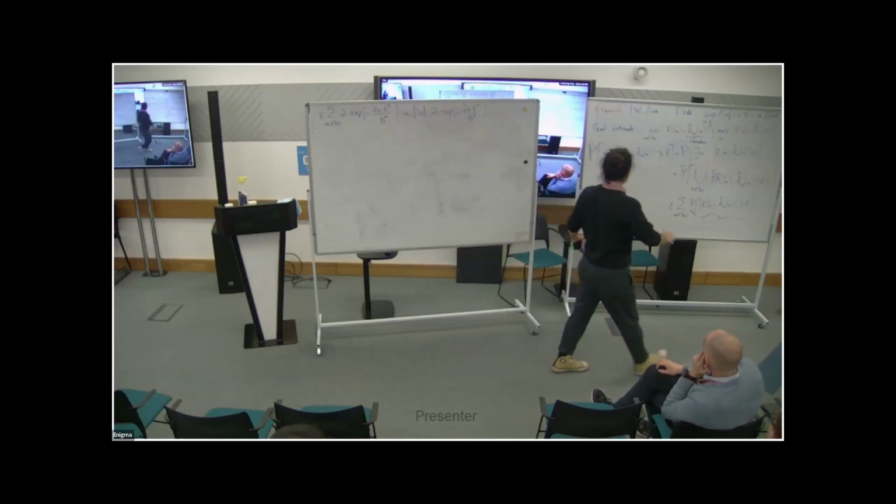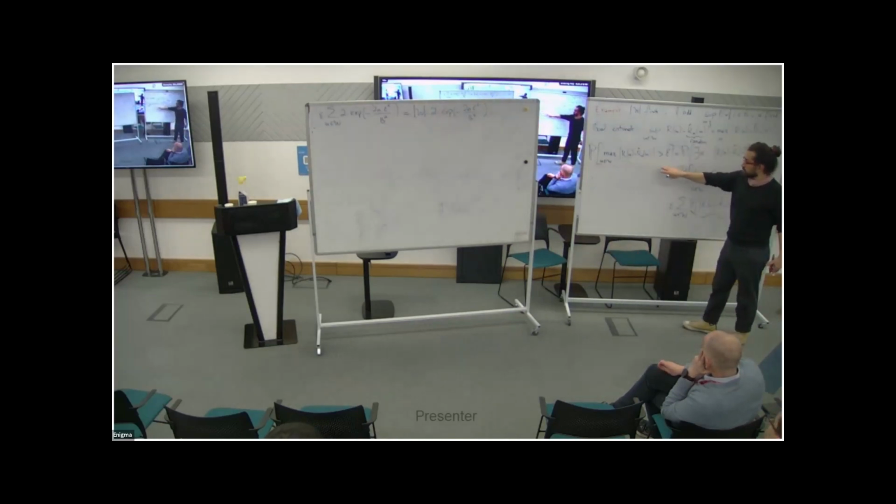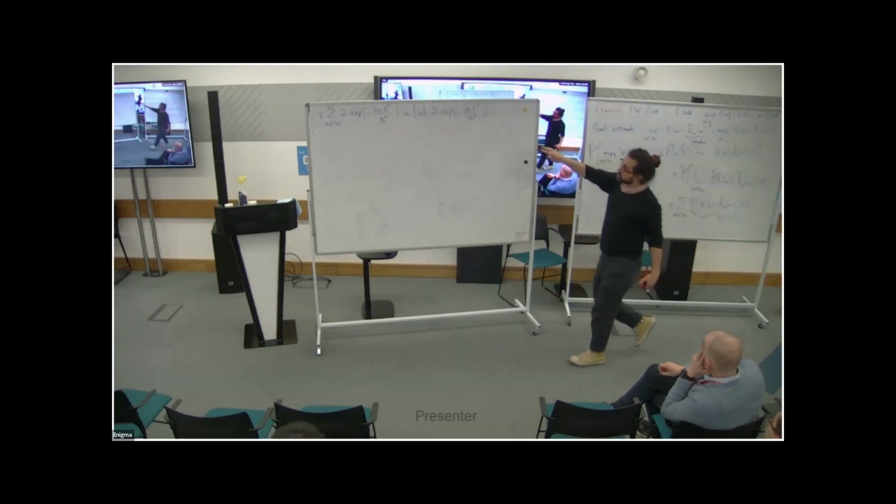So this says the probability of the worst case error larger than epsilon is going to be smaller than this.